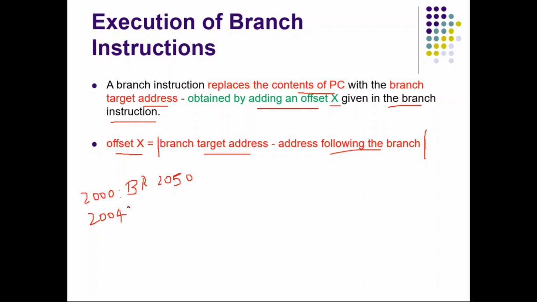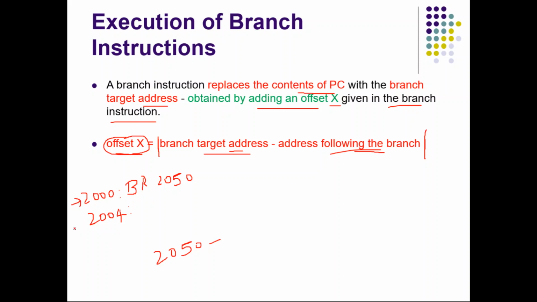Now, how will we get the target? What is the offset here? Branch target address minus the address following the branch instruction. What is the branch target address? 2050. Minus the address following the branch instruction.